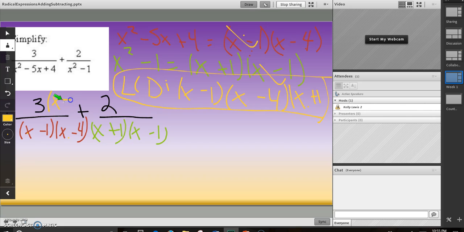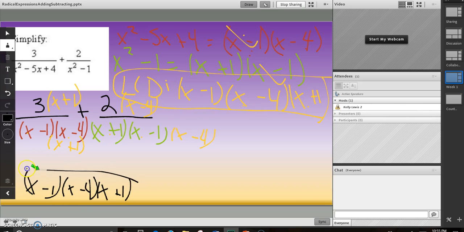So I can do x plus 1 on the top and the bottom. This guy has plus 1, minus 1, but it's missing that x minus 4. All right, so on the bottom, x minus 1, x minus 4. Do not multiply it out. You're going to be there for 5 years.